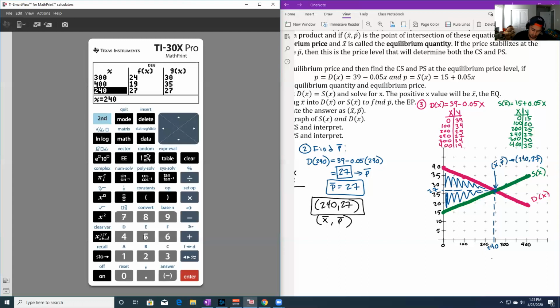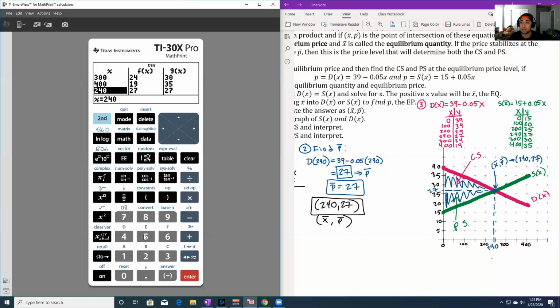So this part is for the consumer surplus. And this part is for the producer surplus. So many colors going on. It's great. Okay, there it is. It is graphed. Yeehaw.